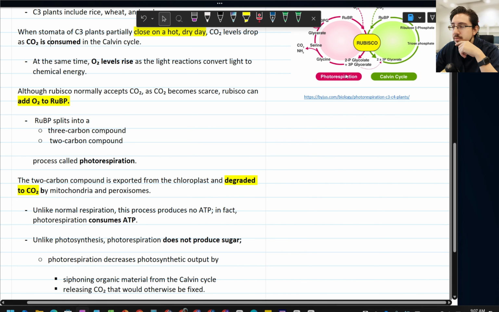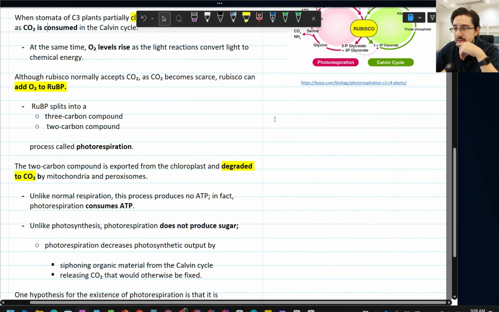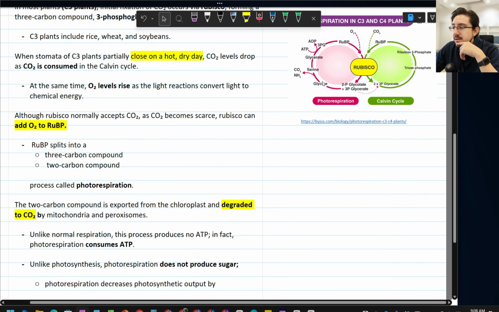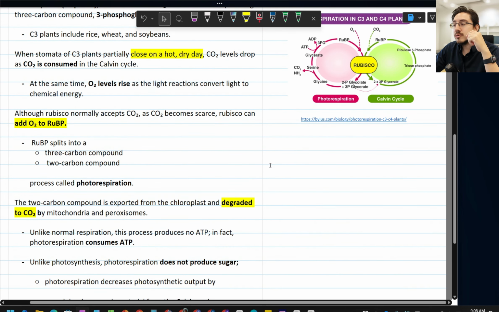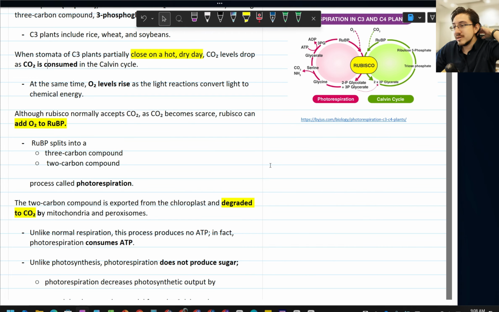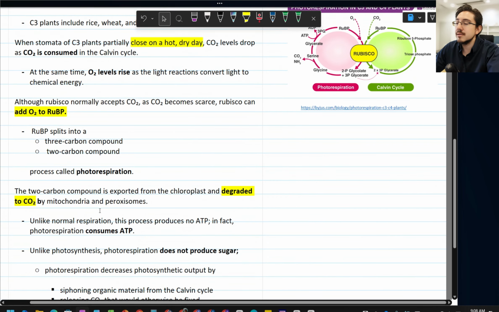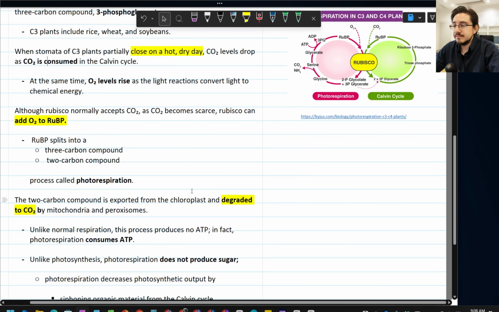This might be a little beyond the scope of even Campbell Biology, but I put it here for you to see. That process, using the oxygen from the light reactions to respire, consuming oxygen, is called photorespiration. This 2-carbon compound is exported from the chloroplast and then degraded to carbon dioxide by mitochondria and peroxisomes and so forth.